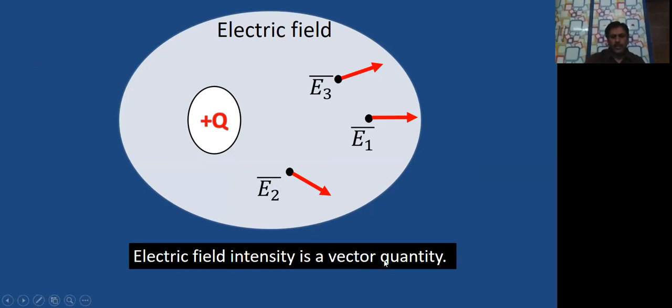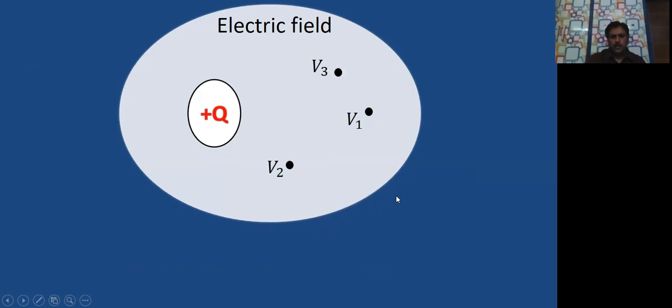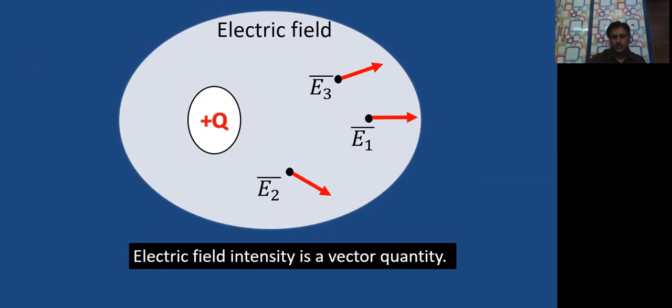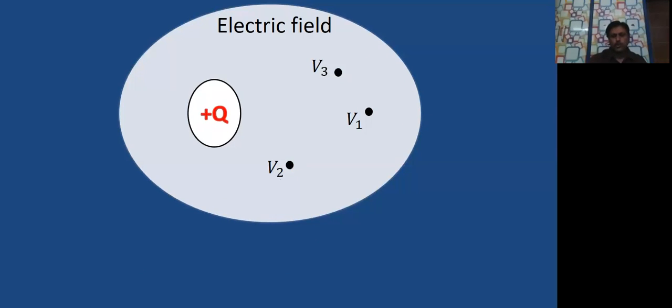Electric field intensity is a vector quantity, that we all know. Let's move on. Now the same electric field I am showing here, but I have symbolized it by certain symbols V1, V2, V3 like that. So what are these V1, V2, V3? They are nothing but the electric potentials at these particular points. That means for the same points which I have shown earlier, I am showing you here the potential values.